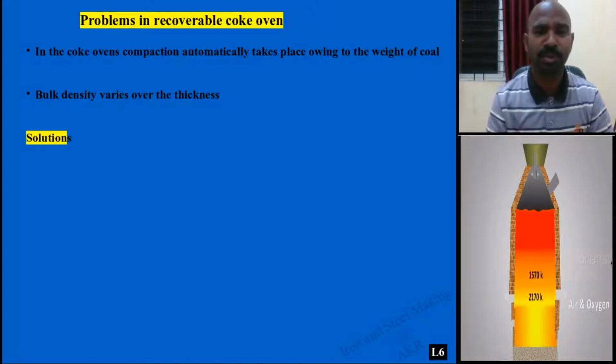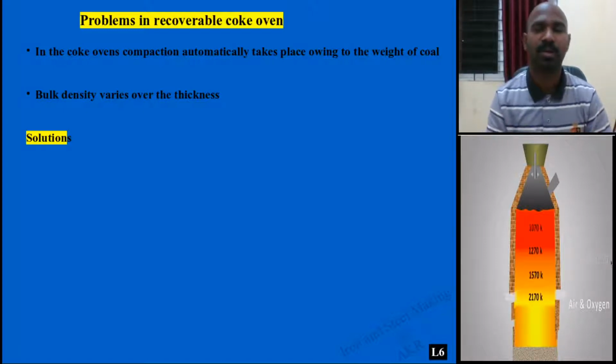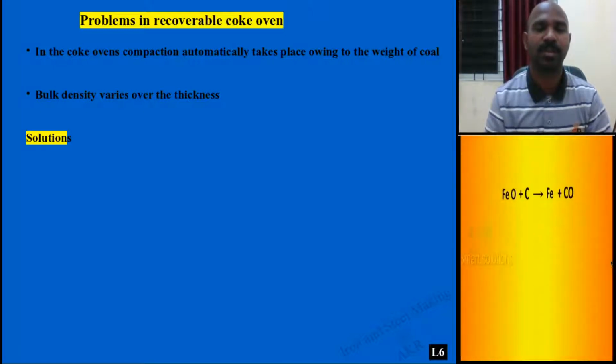The top will be loosely packed and the bottom closely packed, which finally leads to bulk density variation over the thickness.